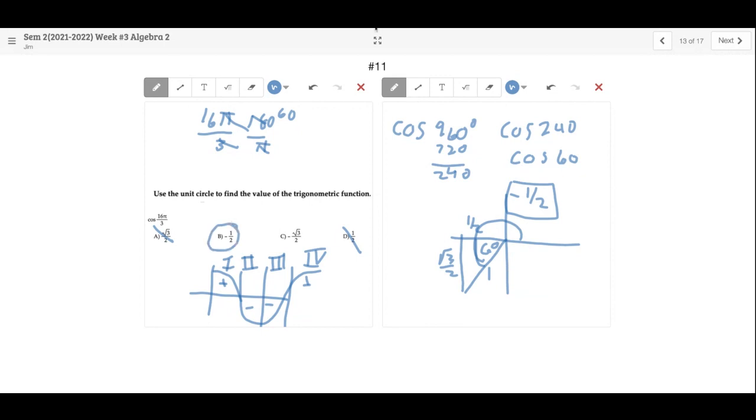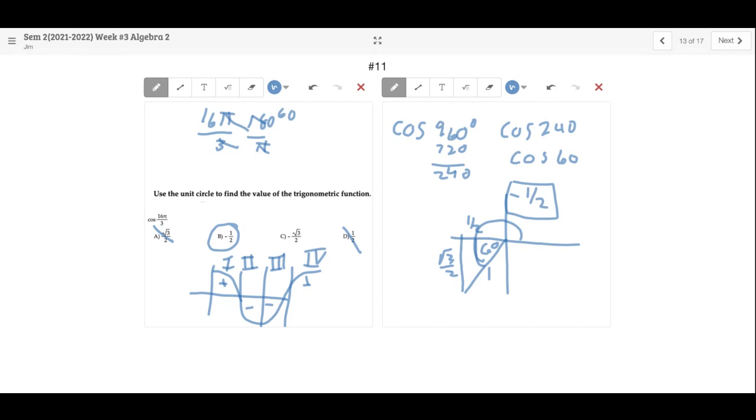So does somebody have a calculator on them? Can you put in the cosine of 960 degrees? And I hope you get negative 0.5. If you don't get negative 0.5, we did something absolutely incorrect.